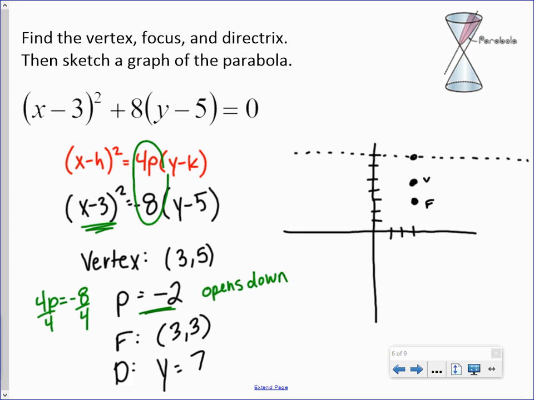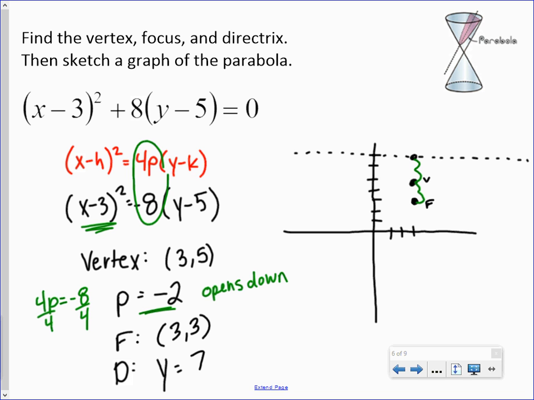I'm going to ask you to get 1 or 2 other points for the parabola. The way to do this is to find the matching point for a point that is, count this, 1, 2, 3, 4 units away from the directrix.